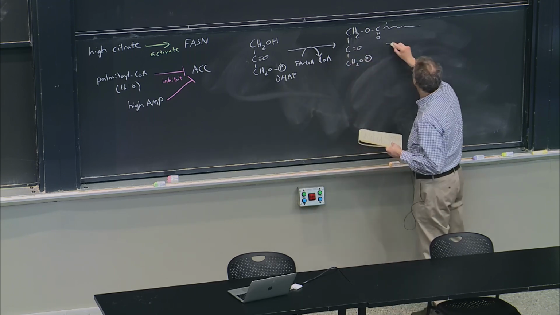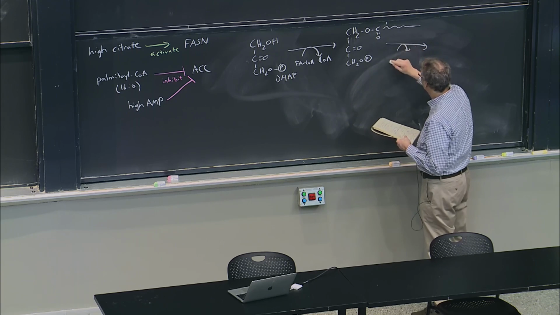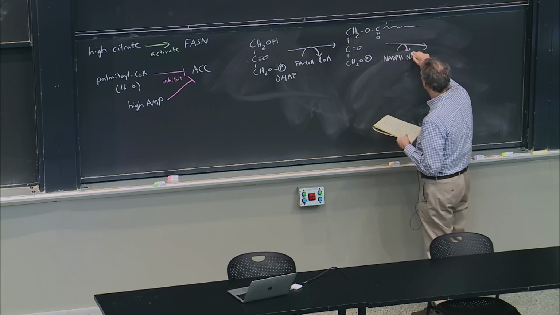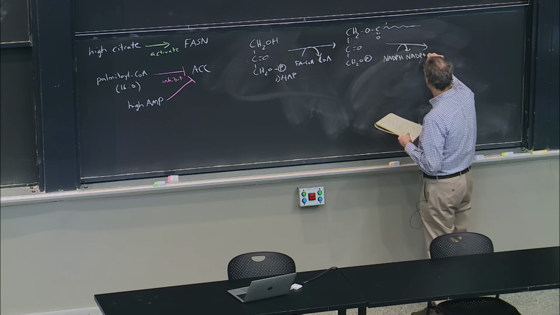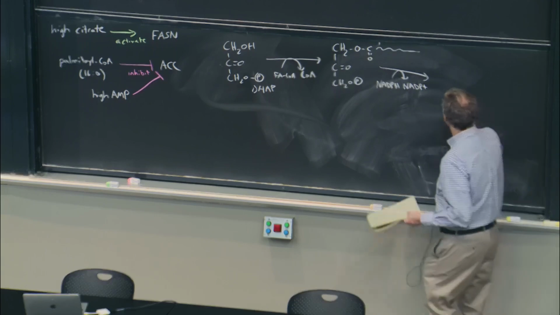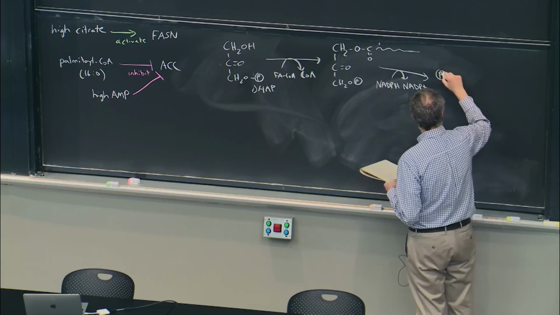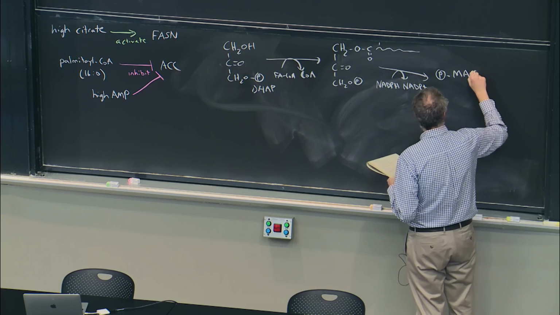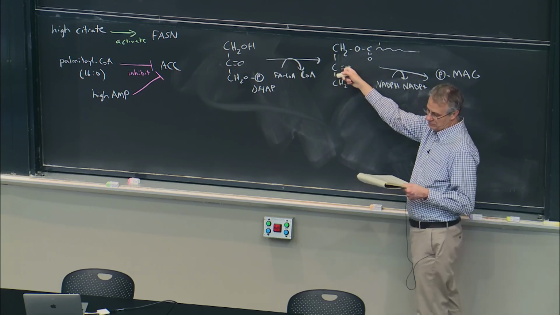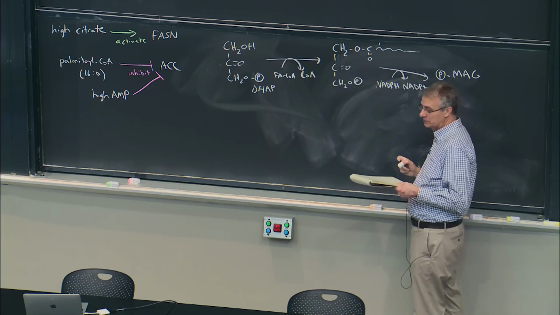Okay? It's this molecule that then you reduce. Of course, you can reduce it with NADH. You can also reduce it with NADPH, and that gives us this phosphomonoacyl glycerol. Okay? So this molecule, with that being the alcohol instead of the ketone.